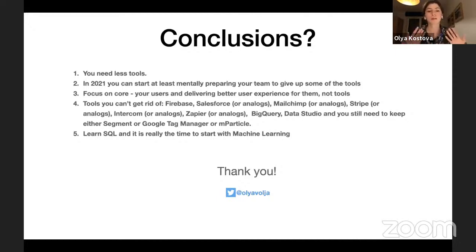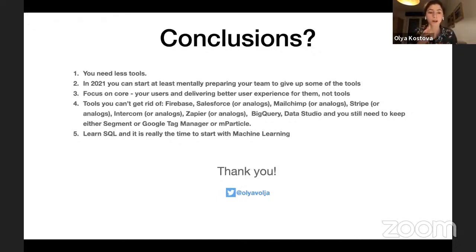Zapier, as I mentioned, you need it. If you don't have a tool that helps you connect several tools, you should probably get into it and learn more about Trio or Zapier and adopt one of these tools. I think there are some more, but those two are the most famous ones. And then BigQuery, you need to start using it if you are not doing it yet. And Data Studio for visualization or any sort of analog of Data Studio.